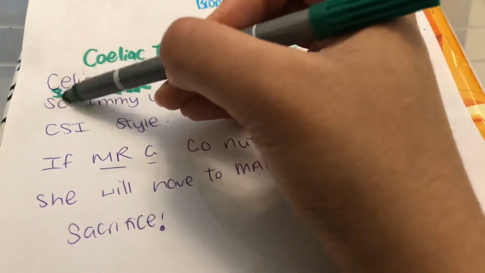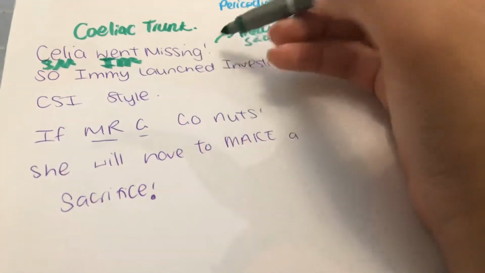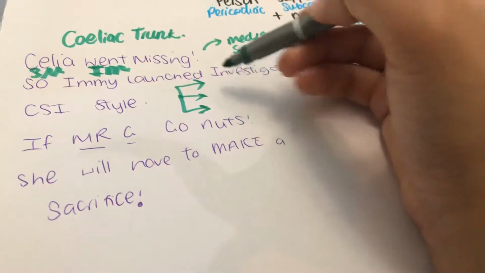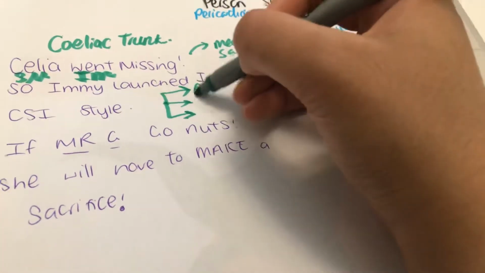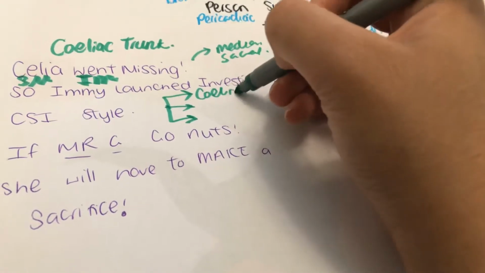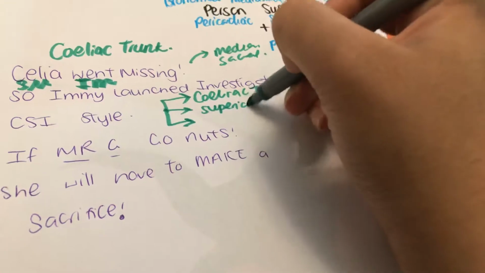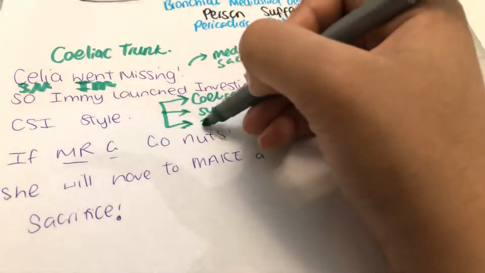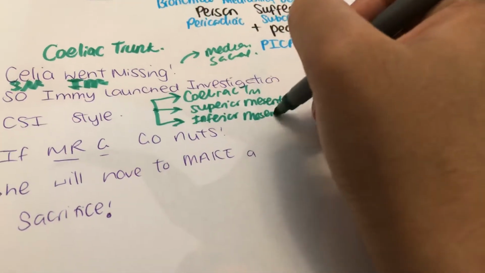SMI is supposed to remind you of superior mesenteric. CSI style, so that's supposed to remind you of the three main unpaired visceral trunks of arteries: celiac trunk, superior mesenteric, and of course inferior mesenteric.